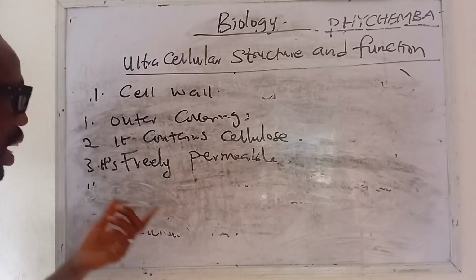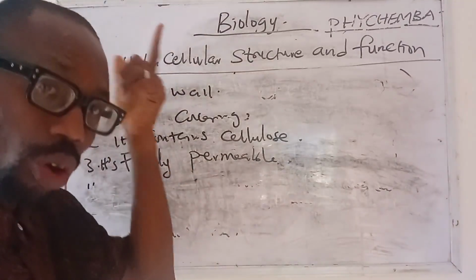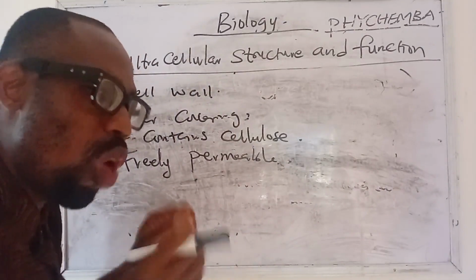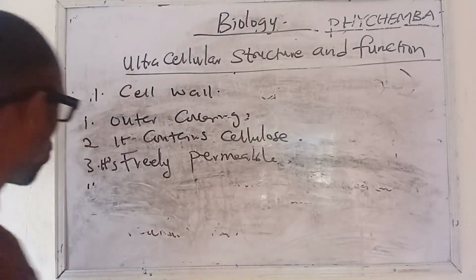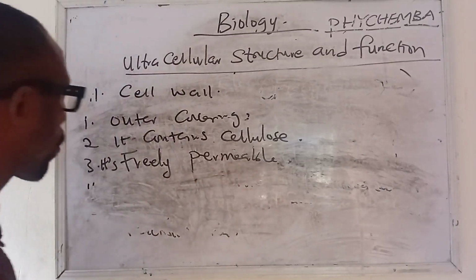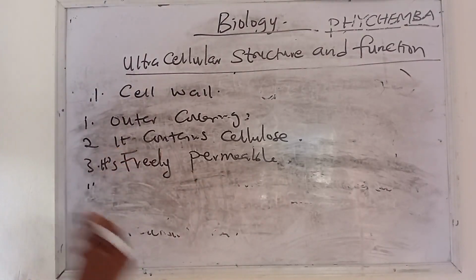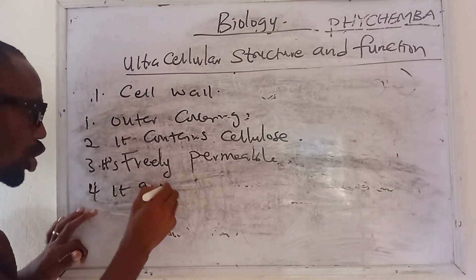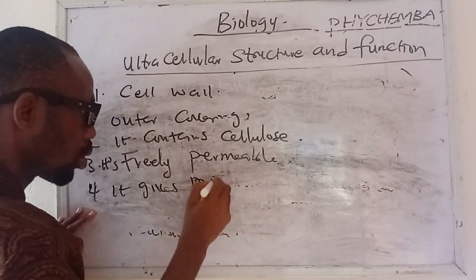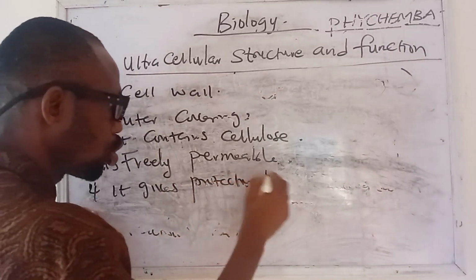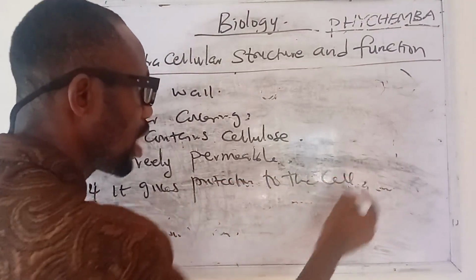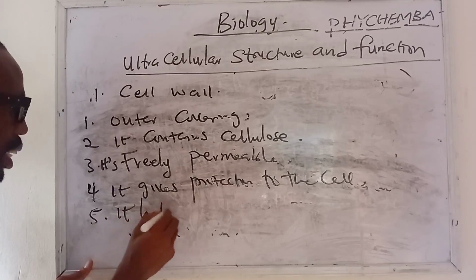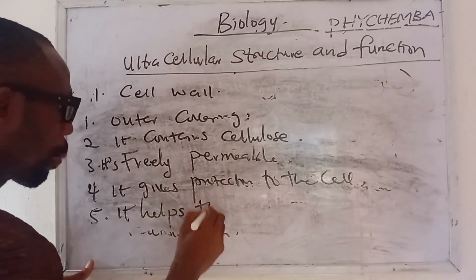It is freely permeable, unlike the cell membrane that is selectively permeable and only allows what is permitted in or what should go out. And I said it contains cellulose. Number four, it gives protection to the cell. Number five, it helps with mechanical support.